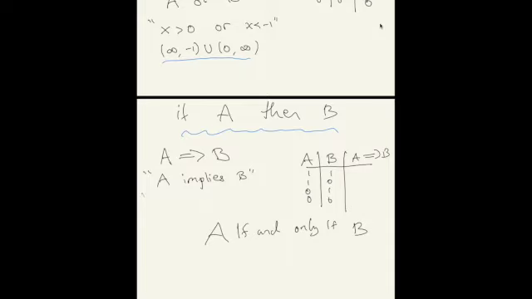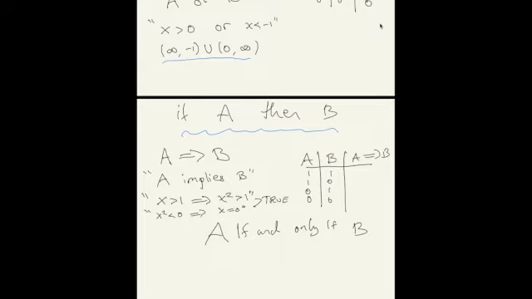An example of a true statement is x bigger than 1 implies that x squared is bigger than 1. But for implications, it's also true that if x squared is negative, then x is equal to 0. These are both true, even though the second claim seems nonsensical.